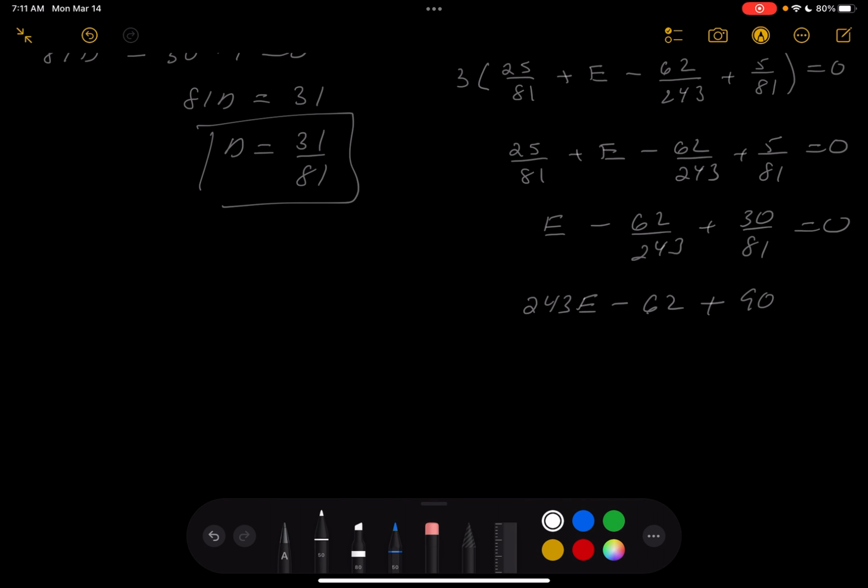You get plus 90 equals 0. 243e. And that's going to be 28, right? I'm sorry. I went way too quick there. Plus 28 equals 0. So e will equal minus 28 over 243.